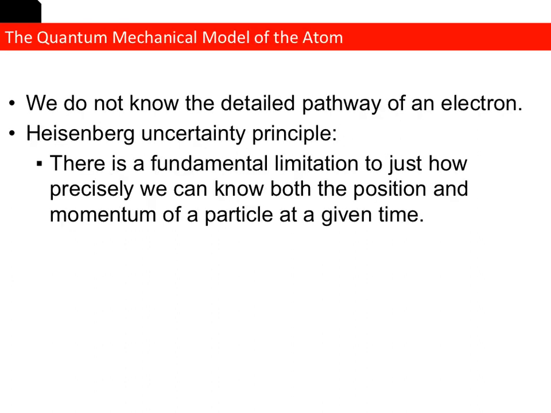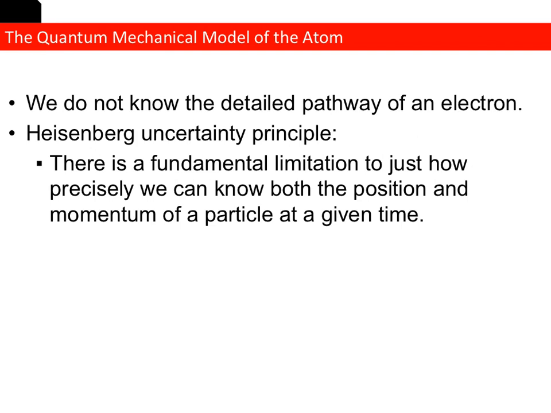So Bohr's model was quickly amended, and in stepped the quantum mechanical model of the atom. The first help came from a physicist named Werner Heisenberg. Bohr suggested the electrons lived on these energy levels and traveled around in circles, but Heisenberg said, well, wait a minute, maybe it's more complex than that.